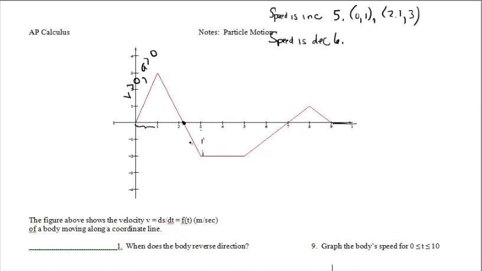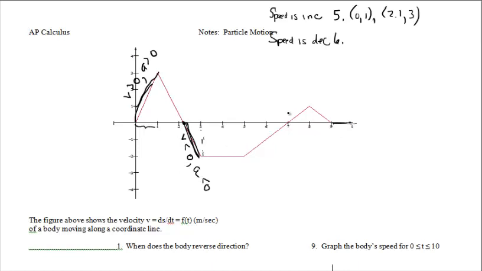The speed is increasing for us because velocity is negative and velocity is decreasing. That's one way to say it. Or velocity is negative and acceleration, the slope, is also negative. So on these two intervals right here, we can see that speed is increasing because V and A have the same sign. These two rates of change, they coincide.